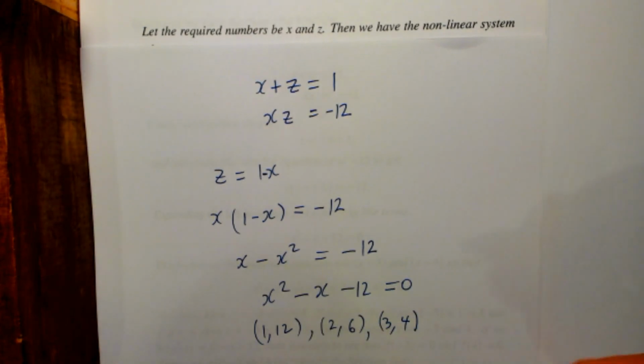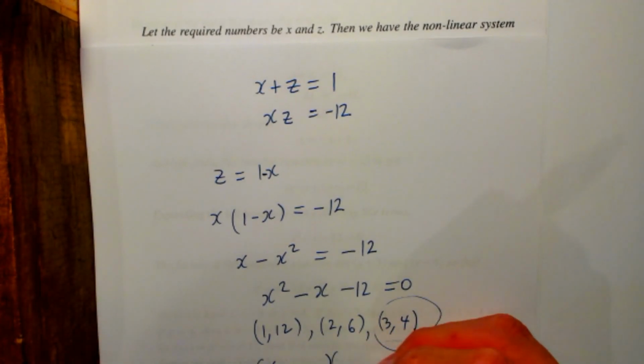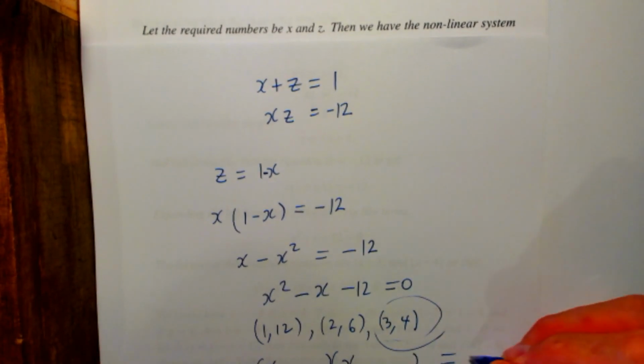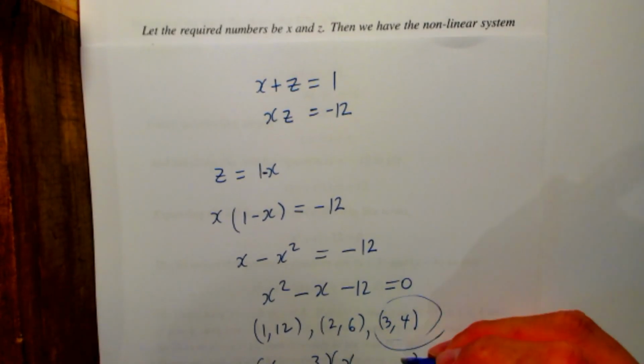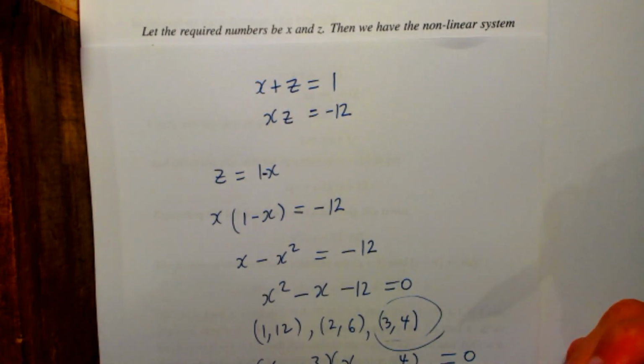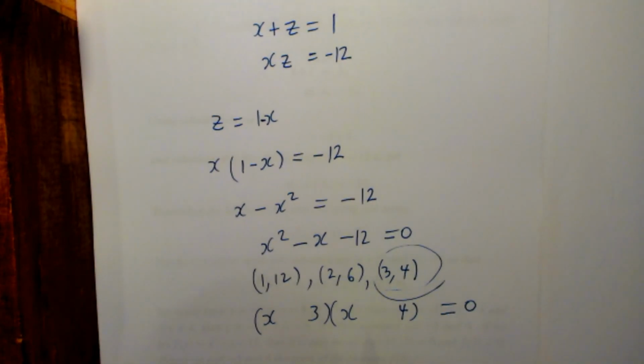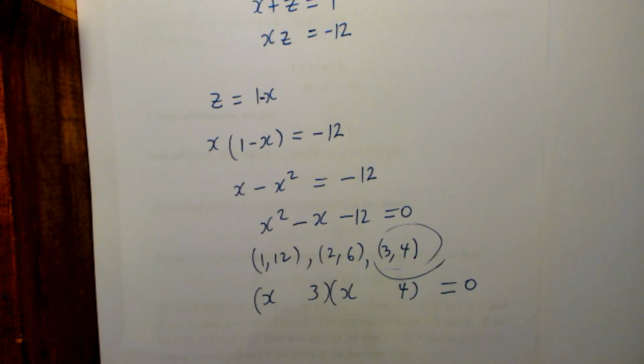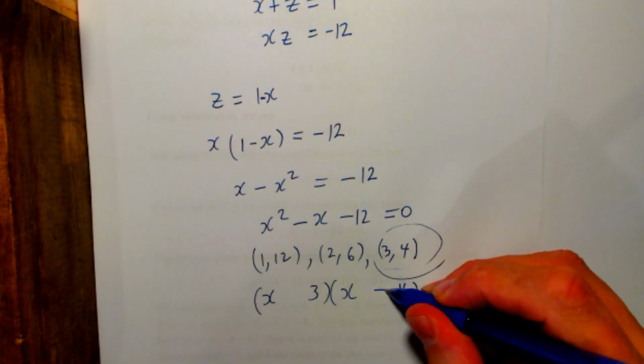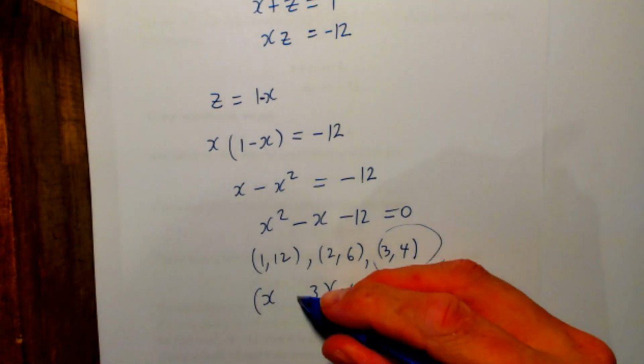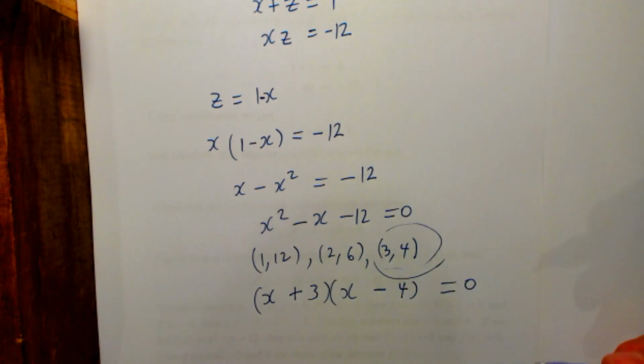So I have to choose this one because that's the only one that has a difference equal to minus 1. So I'll write x with brackets, and then I'll put in a 3 and a 4, and next we want to decide the signs. One has to be plus, the other minus. They have to add together to give minus 1, so that means I want the larger one to have a minus sign in front, and the smaller one to have a plus sign in front.